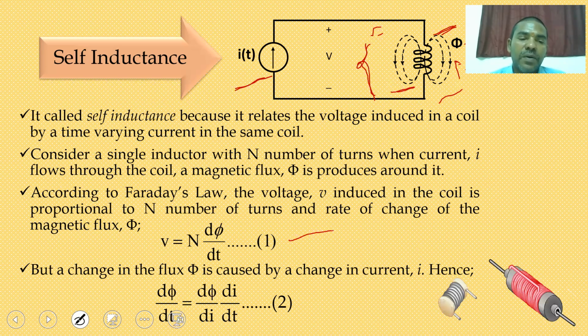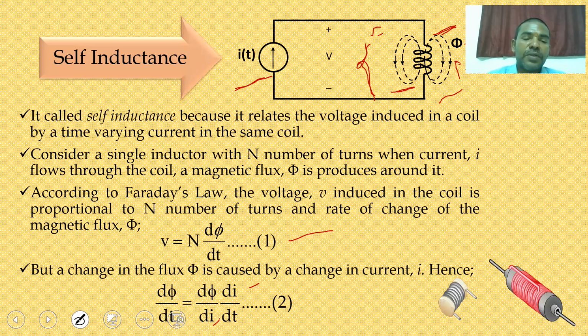V is equal to N into d phi by dt. In the above equation I am multiplying and dividing by di, so d phi by dt is equal to d phi by di into di by dt.